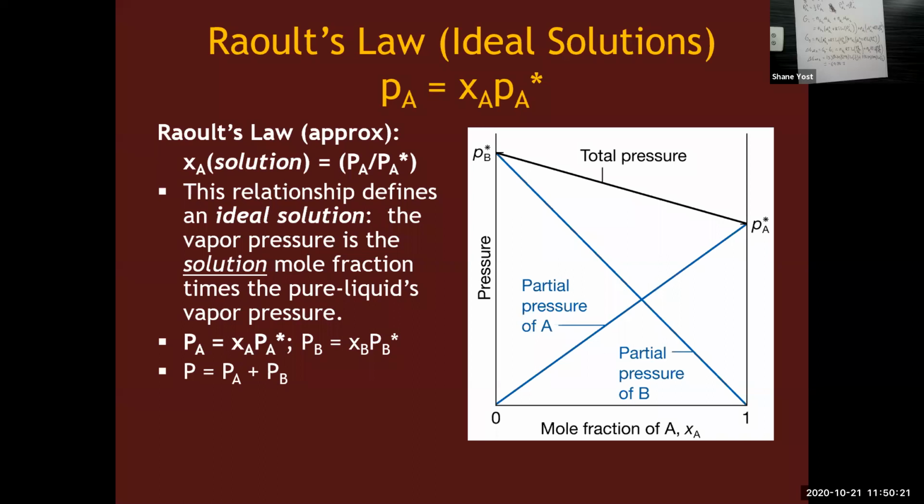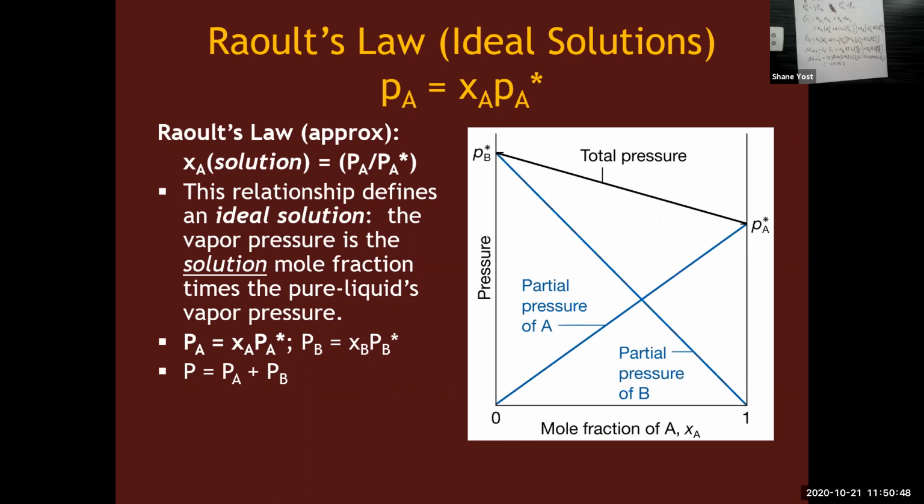But Raoult's law just states, and it's an approximation, Raoult's approximation, which states that the mole fraction in the solution phase of species A is just equal to the vapor pressure of A divided by its pure vapor pressure.